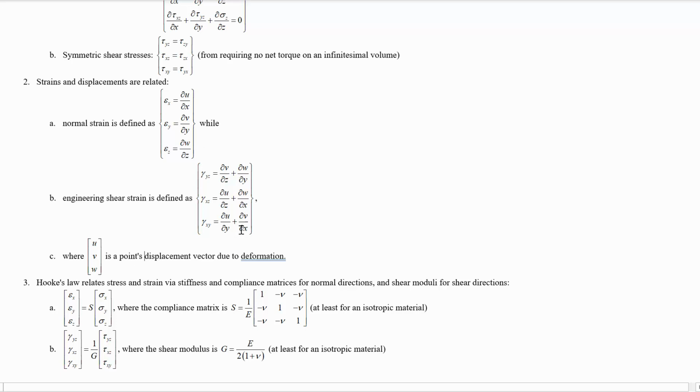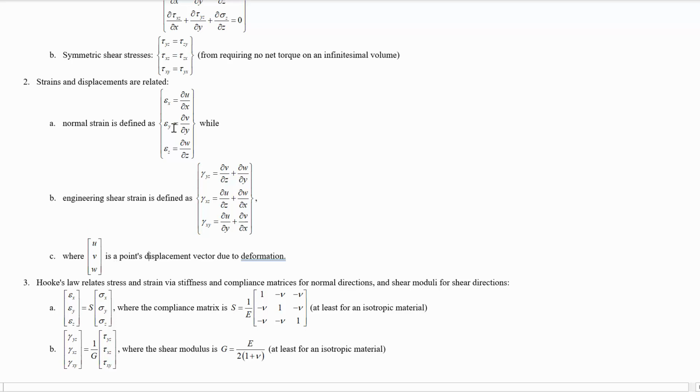Now, in these definitions, U, V, and W are the displacement in the X, Y, and Z directions respectively due to some deformation. So because of the stress that we're applying, we're going to have some deformation of the object, U in the X direction, V in the Y direction, W in the Z direction, and this displacement is not going to be the same at every single point.